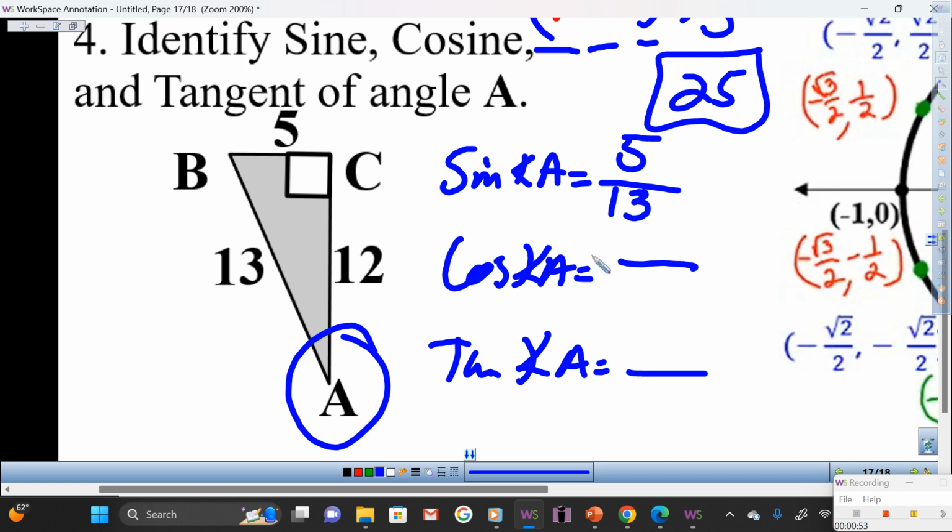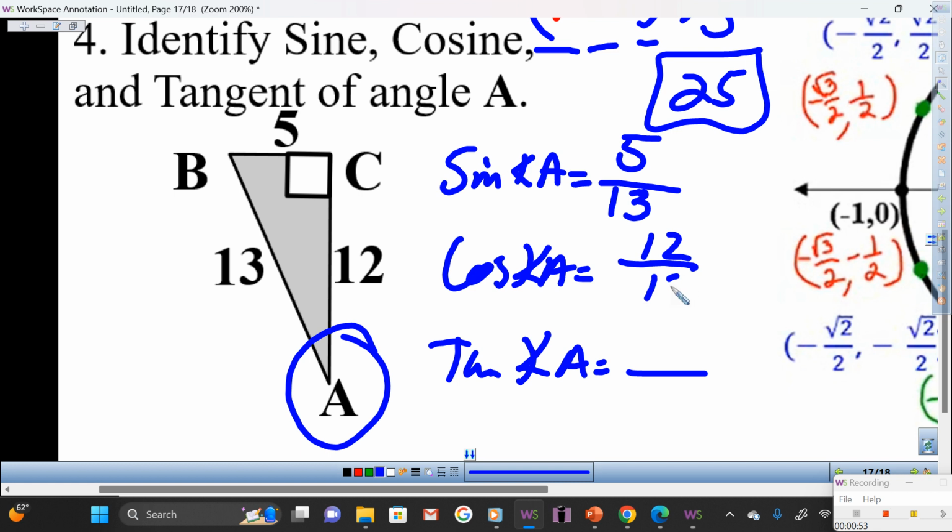How about cosine JP? Help them out, Caleb.